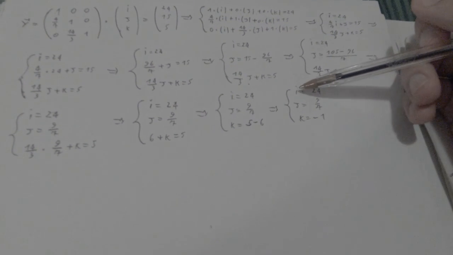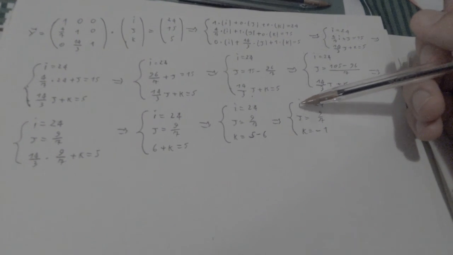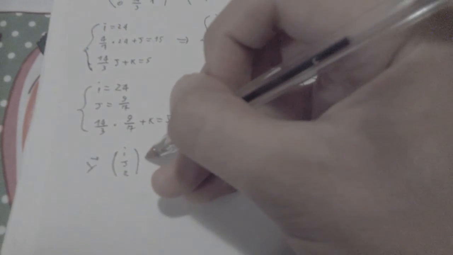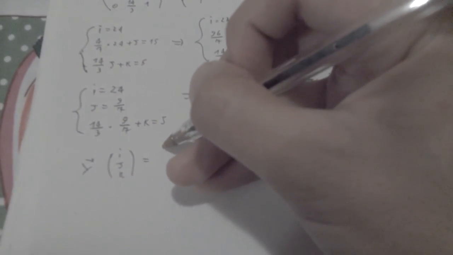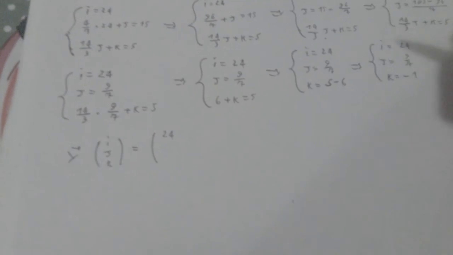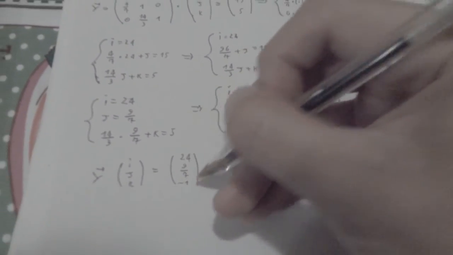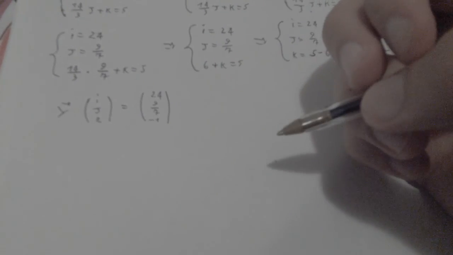Okay, so we found our newly created vector with components i, j, and k. So our new vector y is given by 24, 9 over 7, and -1. But hey, this is not our solution, it's our temporary vector.